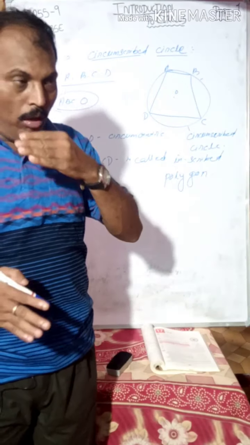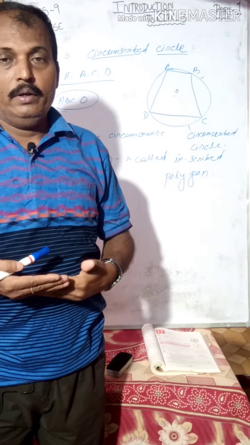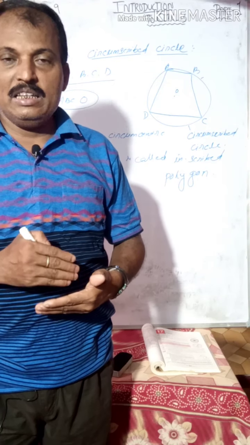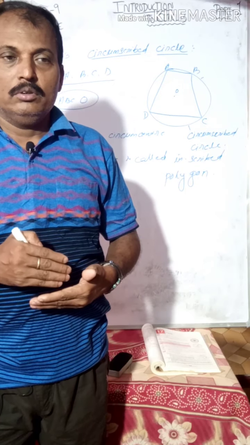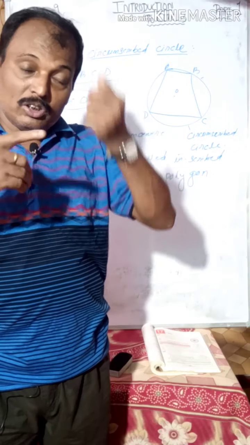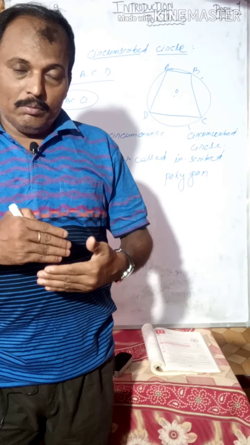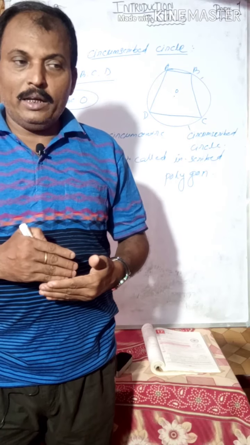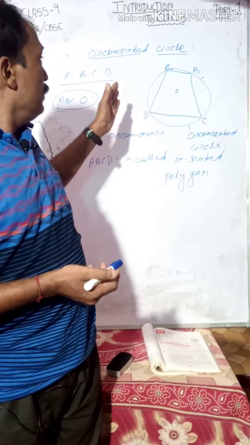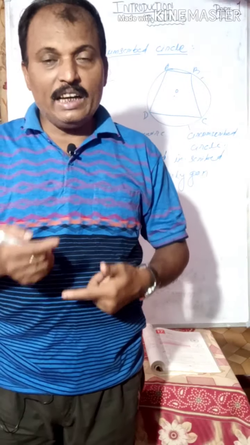Then after the circumscribed circle, the next point will be the inscribed circle and incenter, the circumscribed polygon. That is the discussion topic. In the next video we will discuss the inscribed circle. What is an inscribed circle?